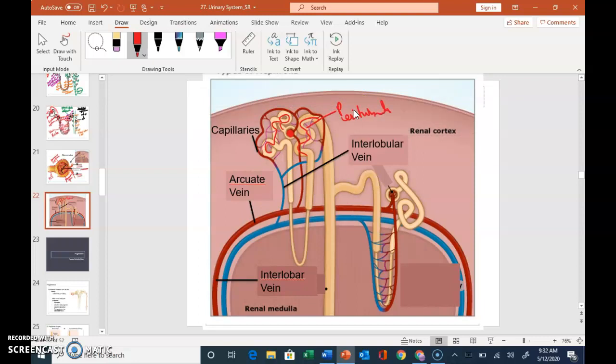Then along the loop of Henle there is the second capillary bed called vasa recta. The peritubular capillaries and the vasa recta come together to form the interlobular vein. This is the interlobular vein right there.